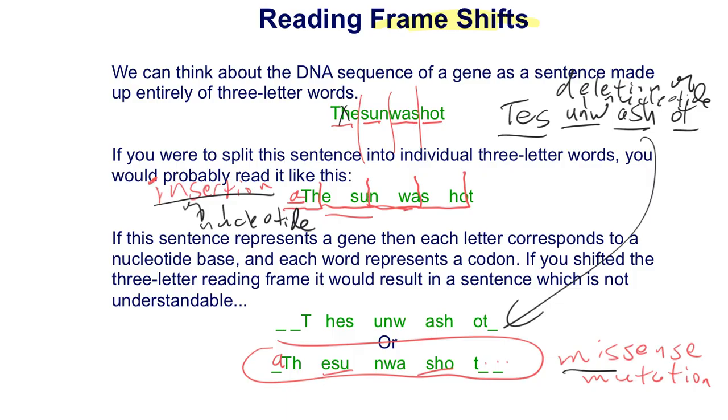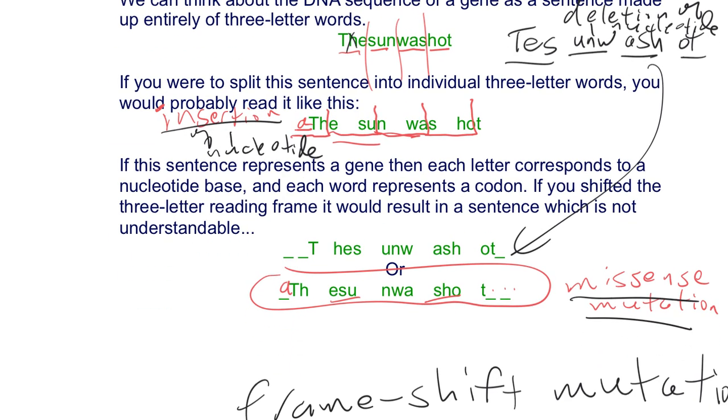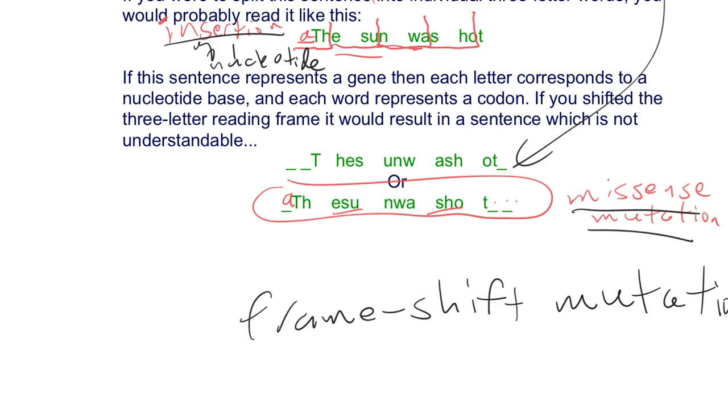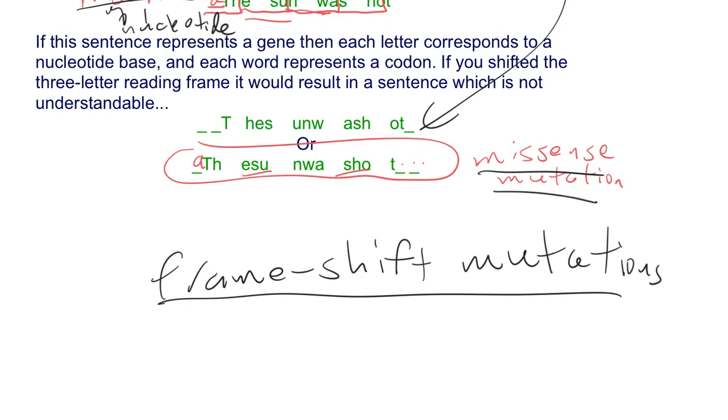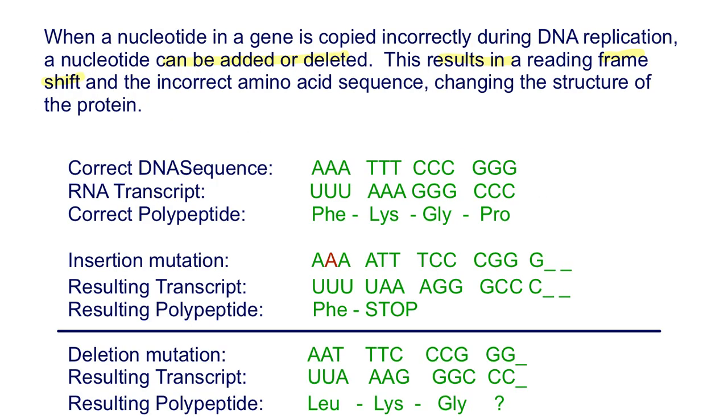It's called a missense mutation because it won't form a proper protein at all. It's also called a frame shift mutation because the whole frame has been shifted all the way down the line. And this would be in the new DNA that was produced during DNA replication.